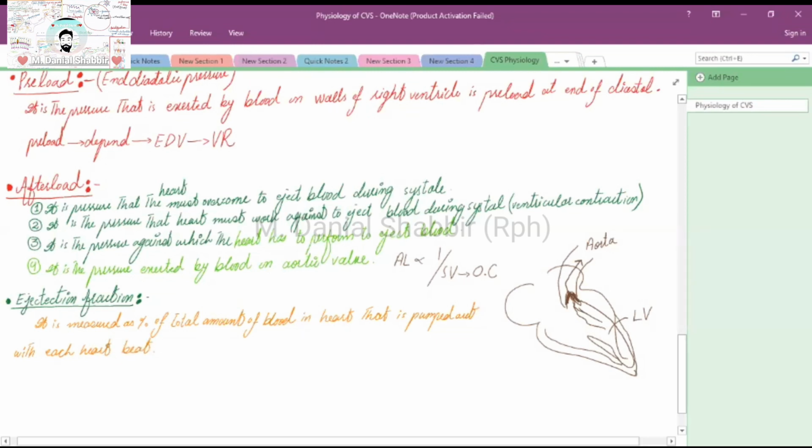Right. ये परसेंटेज होती है. ये क्या होती है? परसेंटेज. It is measured as percentage of total amount of blood in the heart that is pumped out with each heartbeat.